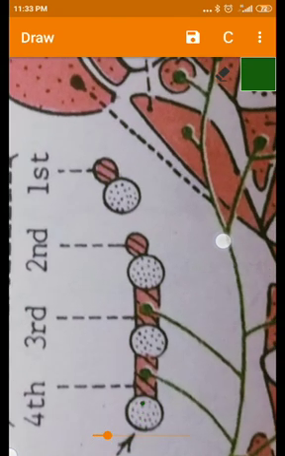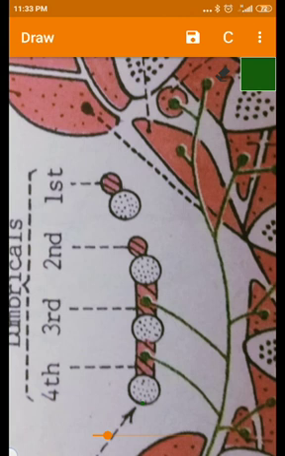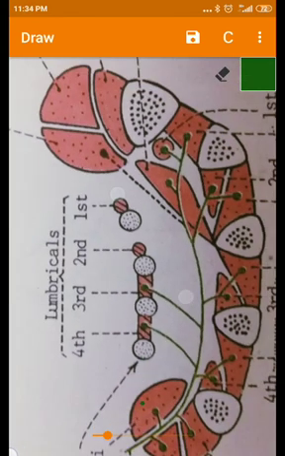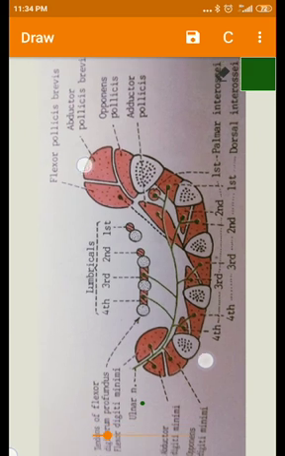This one is the palmar arch and this is the nerve passing here. It ends by supplying the adductor pollicis muscle. So this is the adductor pollicis muscle here. This is the course of the deep branch of the ulnar nerve.